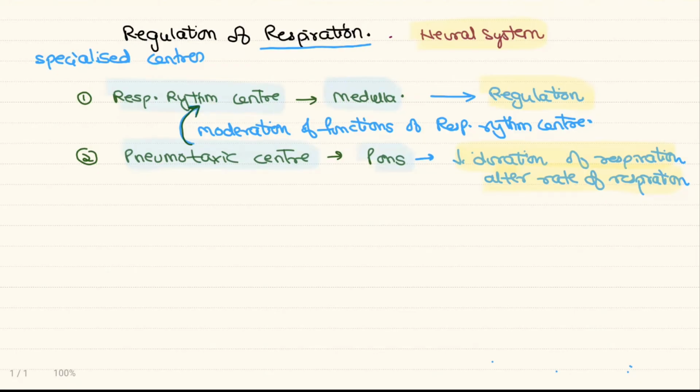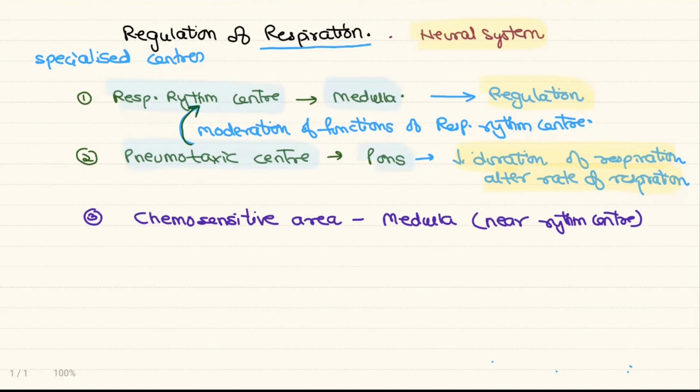The third center is called the chemosensitive area. The chemosensitive area is also present in the medulla near the respiratory rhythm center. As the name indicates, it is chemosensitive. This is sensitive to two types of chemicals, that is carbon dioxide and the H plus ions.